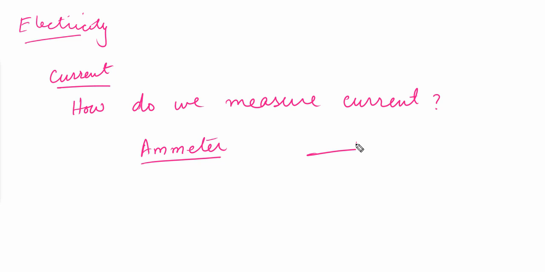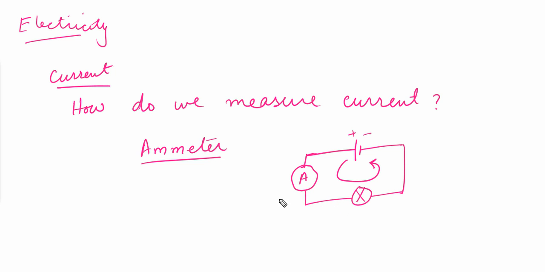If we have a circuit in which there's a battery and a light bulb like this, and the current is flowing from the positive terminal of the battery to the negative terminal of the battery, and we want to measure the current through this circuit, we will put an ammeter over here. The symbol for the ammeter is this circle with a capital A. The ammeter will measure the amount of current passing through this circuit.